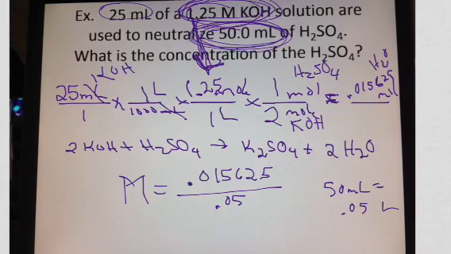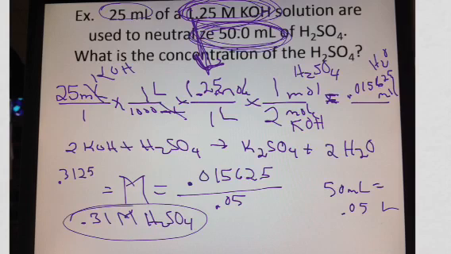And you get 0.3125, just like you did before. I'll just write it out here since I don't have a lot of space. Round it to significant digits, so 0.31 molarity of H2SO4. And that's your answer. So whichever way works better for you is fine. Just show me one of those two ways.